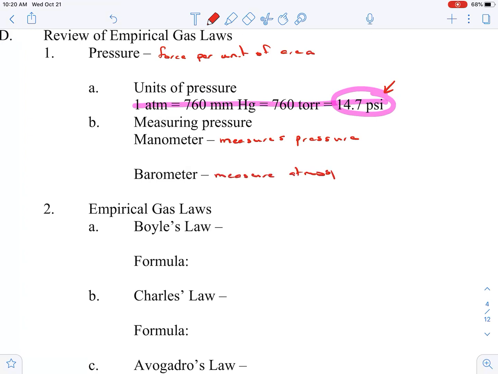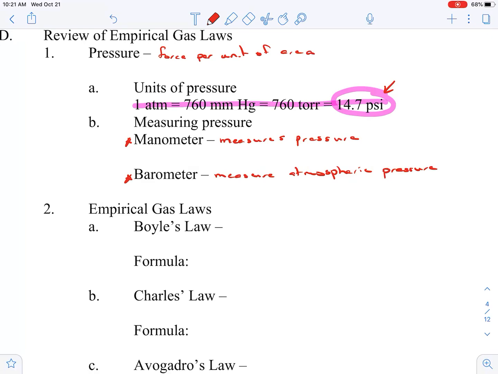This is what they're talking about on the weather, when they say there's a high pressure system moving in. They're talking about atmospheric pressure, and they would be using a barometer to measure that. But I just wanted you to know these things because I've seen manometer used in an AP question before, and it's helpful to know what it is.